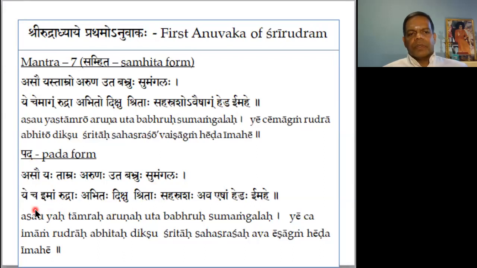Ye, Cha Imam, it becomes Chemam. Again, the Gum is because it's a Taittiriya or Krishna Yajurveda sound, which is used for chanting. But the simple word is Imam.